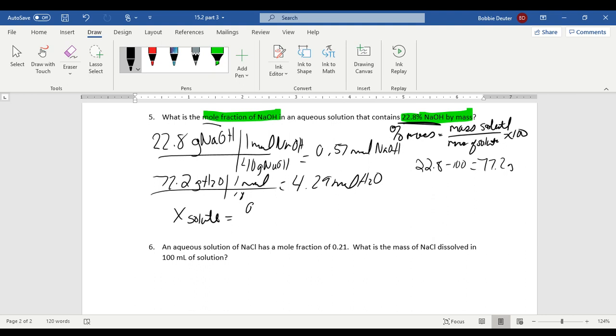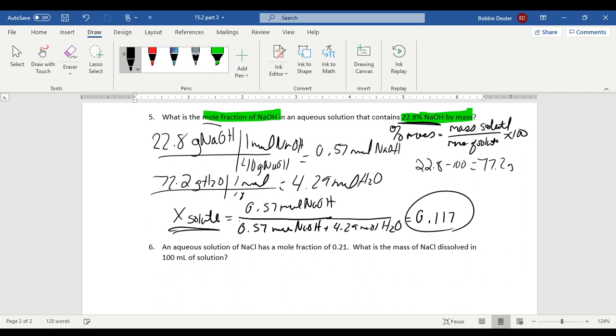So we just want to take our 0.57 moles of NaOH divided by 0.57 moles of NaOH plus 4.29 moles of water to get 0.117. We do not have a label for a molar solution. That is just for our solute. So we just leave our answer like that.